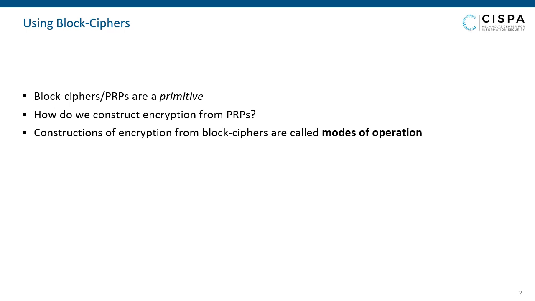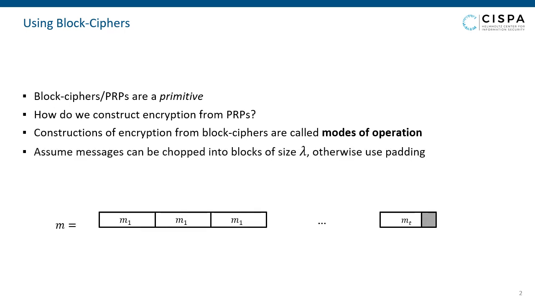Constructions that use block ciphers as a black box to build encryption schemes are typically referred to as modes of operation. And in principle, we use these to encrypt very long messages. So assume you have a long message M, and it can be chopped into blocks of size security parameter.